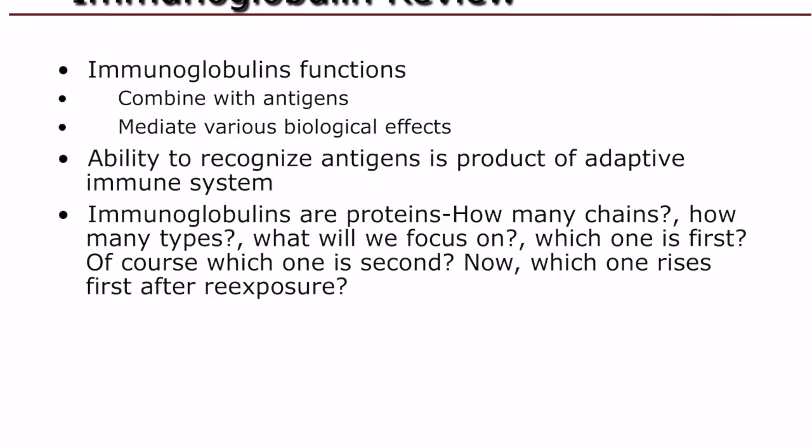Here's a little bit of our review. Immunoglobulin functions. If we think about this, here's our antibody, or immunoglobulin. It combines, here's our variable region right here, with an antigen, and that's where it binds. So antibodies bind to antigens, and those lead to a variety of effects.